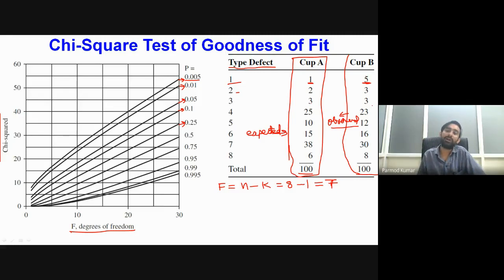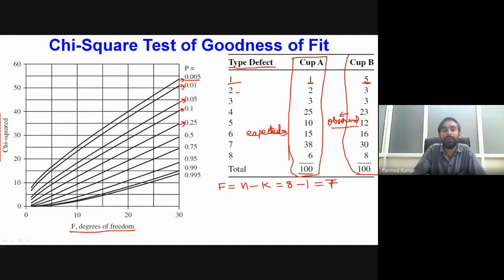Now one important point I would like to highlight: while we are applying this chi-square test, we have to always ensure that the number of samples inside a single cell should be greater than 5. But particularly if you refer to defects type 1, 2 and 3, you will find that the number of cups is less than 5.